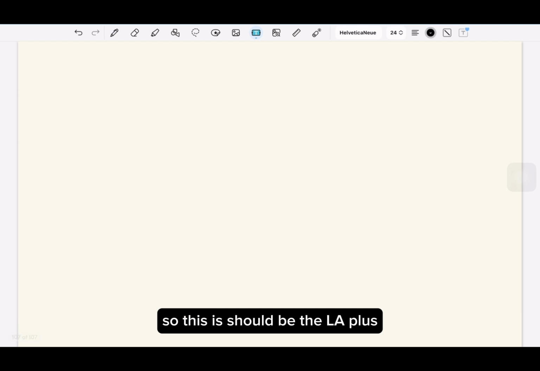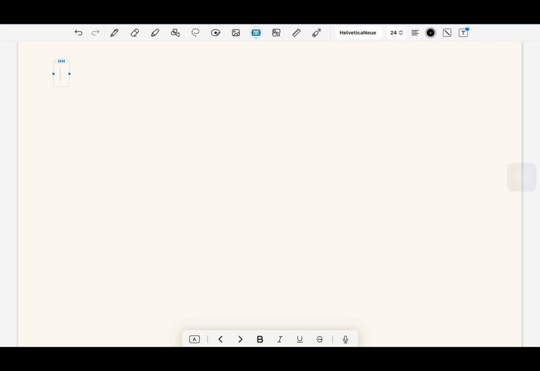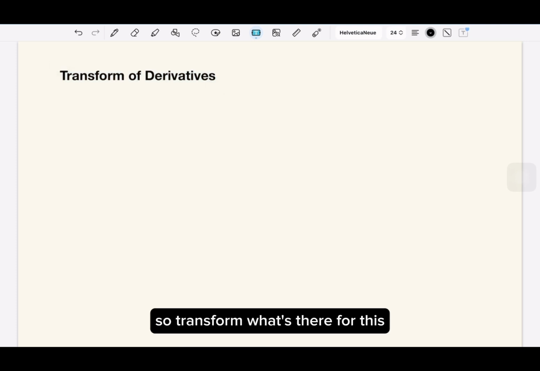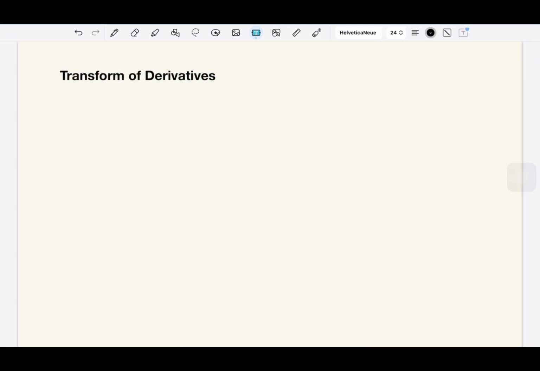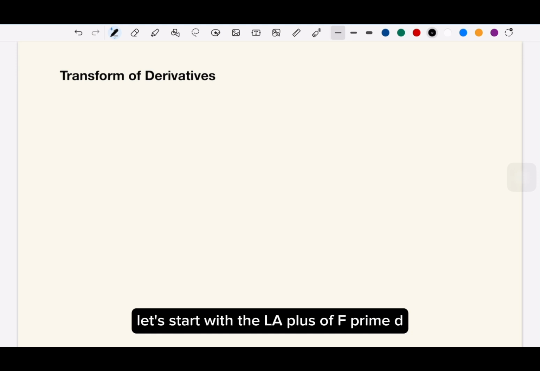So this should be the Laplace transform of derivatives. Let's start with the Laplace of f prime t.